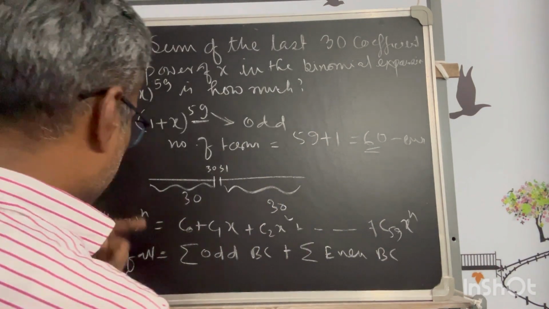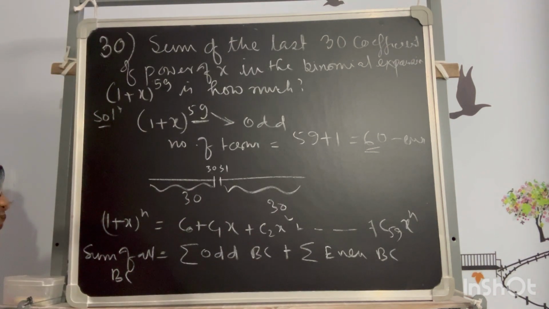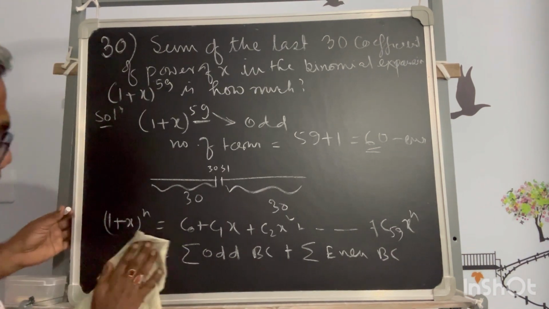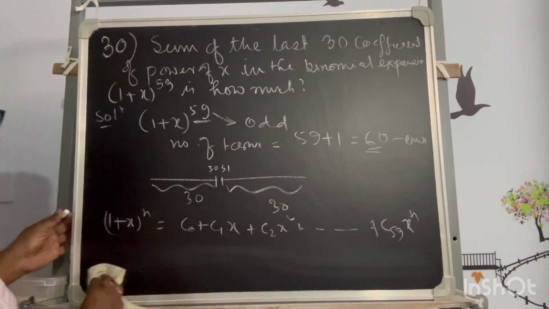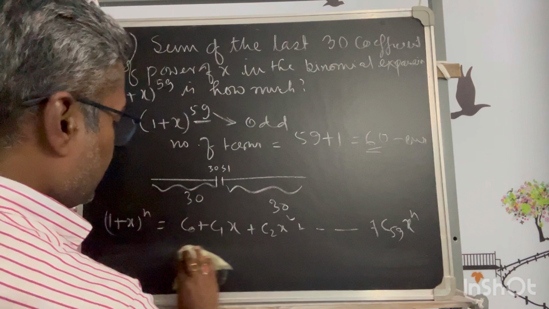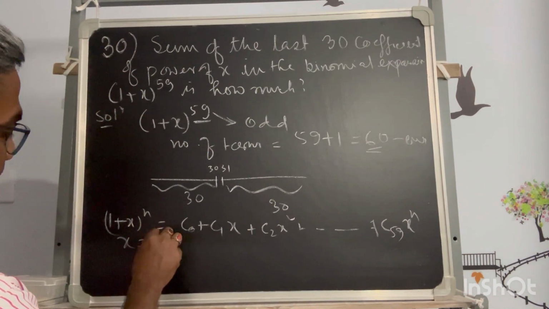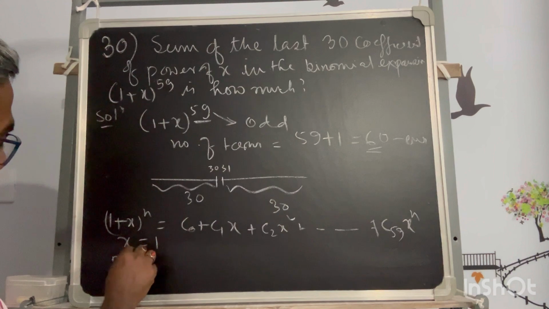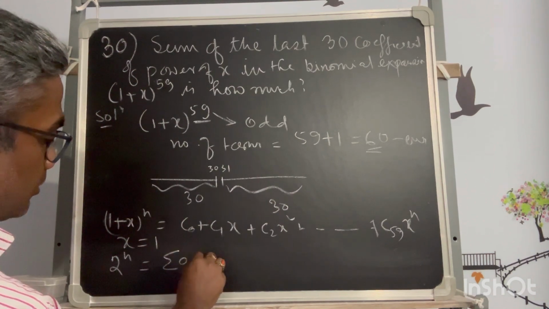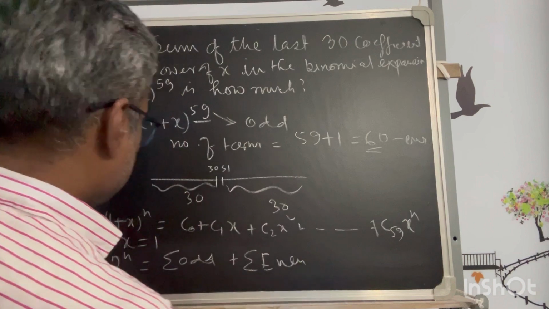Another thing is true if I don't represent it in the form of odd or even. In another way we can put it, let's say x is equal to 1. One thing we know is the sum of the odd and the sum of the even; this is one way of representing this.